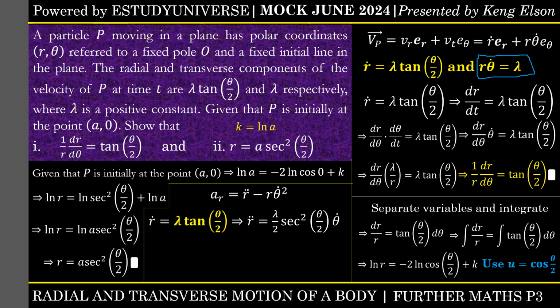But because r dot is in terms of theta, not a function of time directly, we need to use the chain rule, where we differentiate r dot with respect to theta, and then multiply it by d theta by dt. And d theta by dt is theta dot.